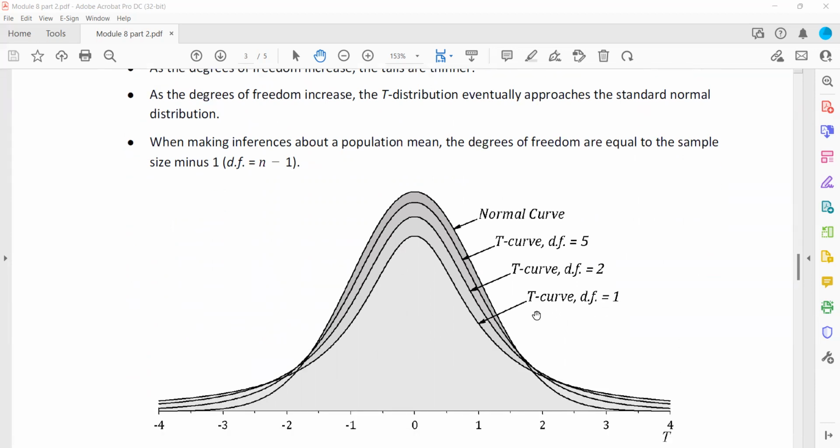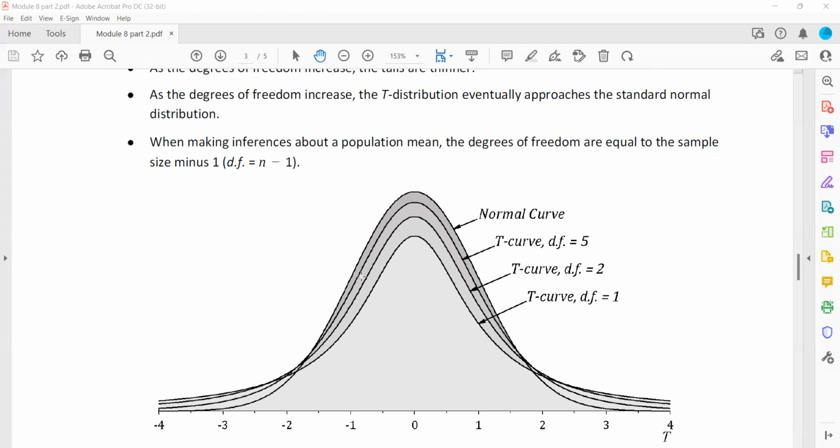Let's take a look at some T distributions. This is the curve of the T distribution when the degrees of freedom is 1. It means that the sample size is just 2. When we increase the sample size, the graph becomes sharper and much more similar to a normal curve.